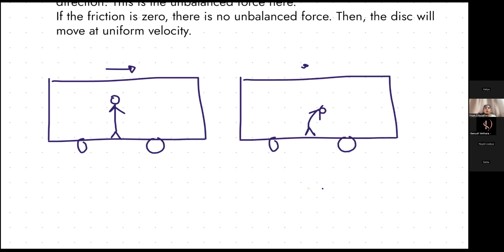The legs are in contact with the bus, so when the bus stops, the legs also stop, no problem. But the upper body is not directly in contact with the bus. So the upper body still doesn't know the bus has stopped. The upper body thinks the bus is still moving like this. So the upper body will still move forward.